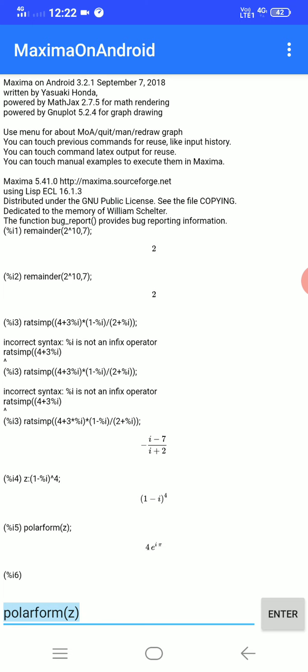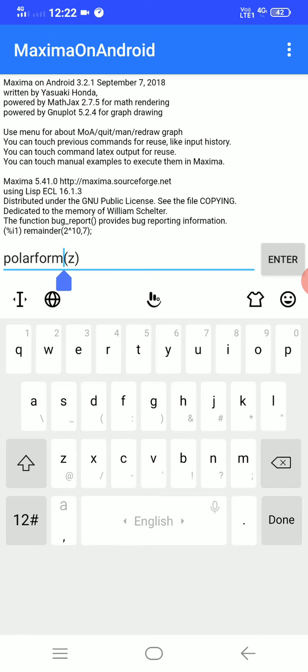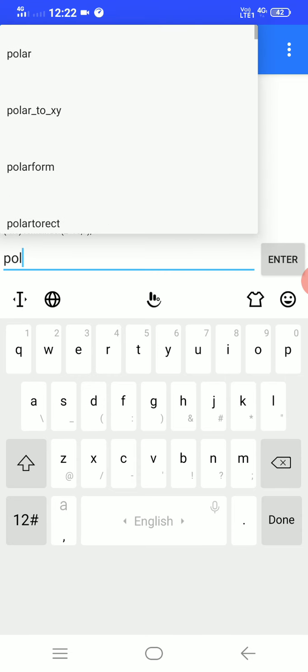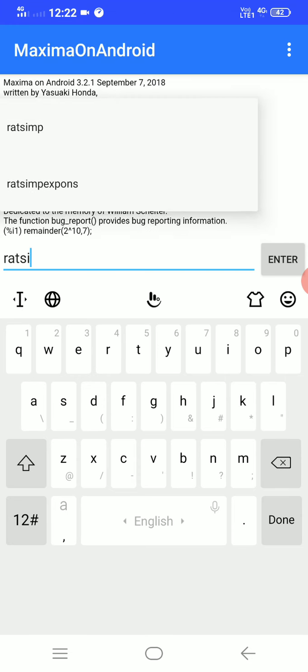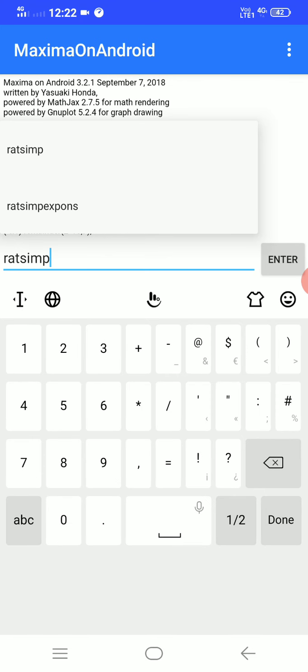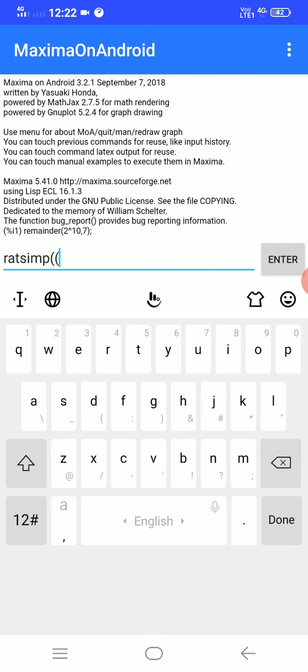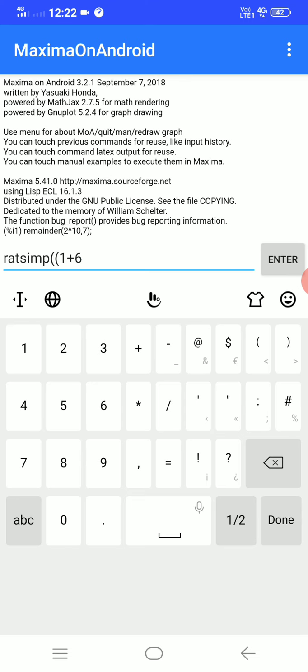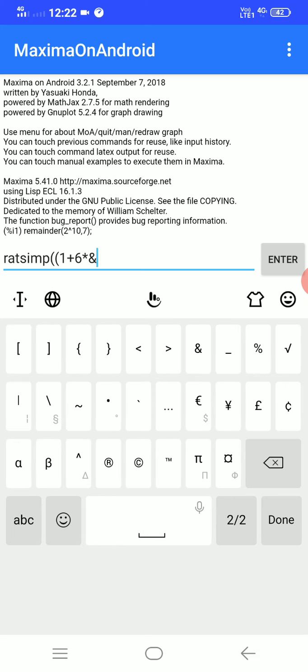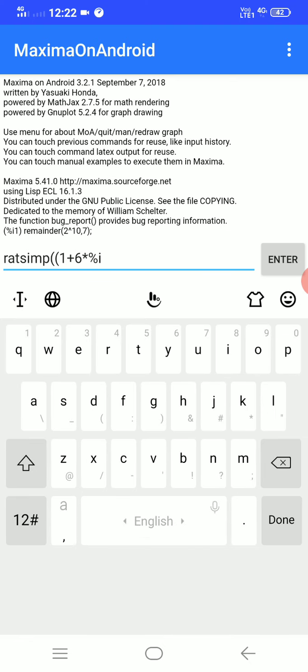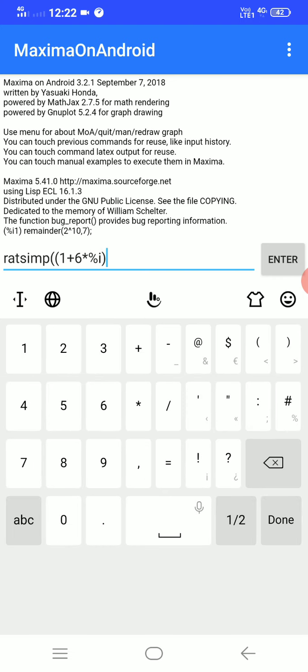First simplify this, using the syntax ratsimp of (1 plus 6i), where there is multiplication, so using star, percentage i, bracket complete, into, meaning multiplication, 1 minus 6i.